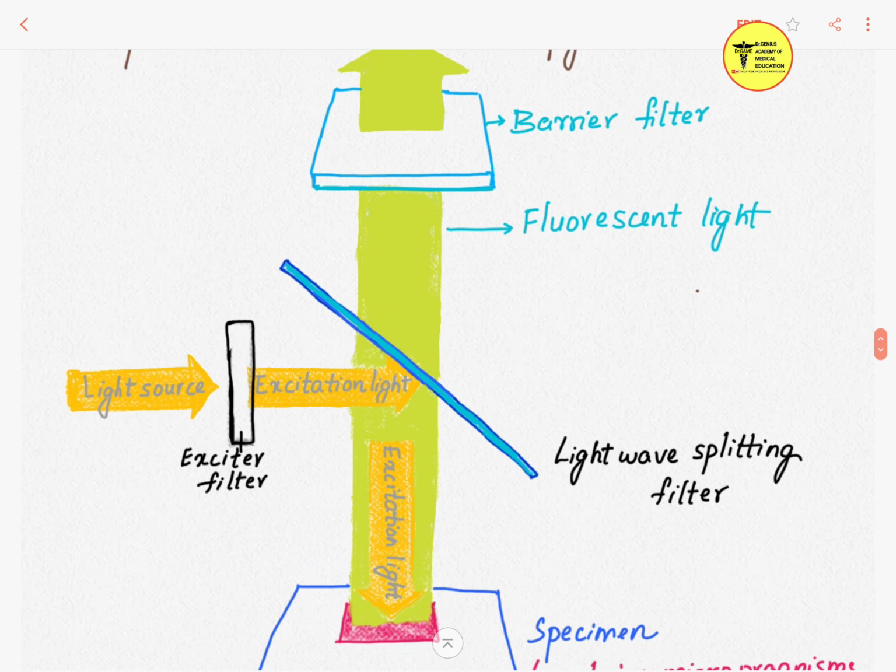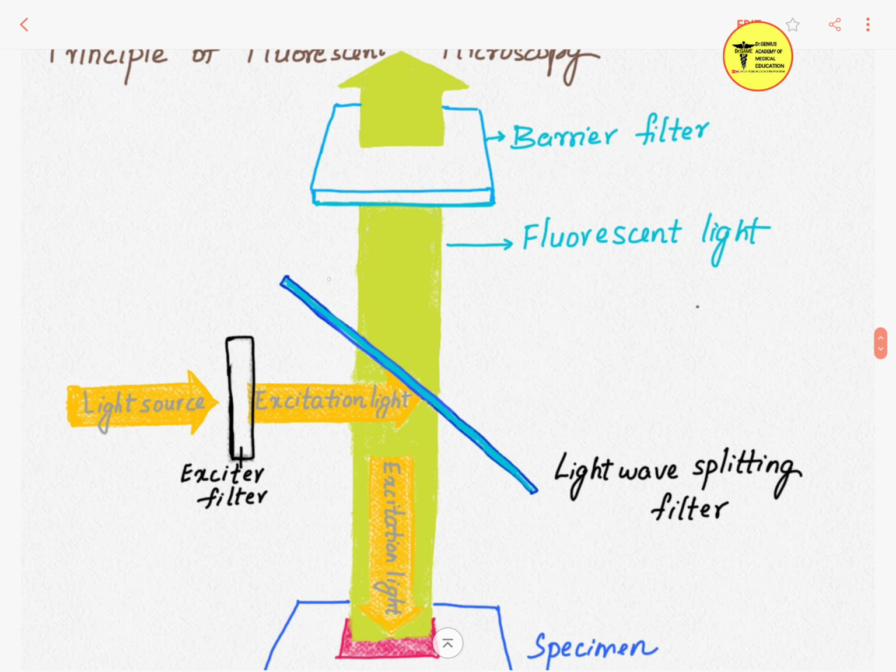The fluorescent light can be separated from the surrounding radiation using filters designed for that specific wavelength, allowing the viewer to see only that which shows fluorescence.